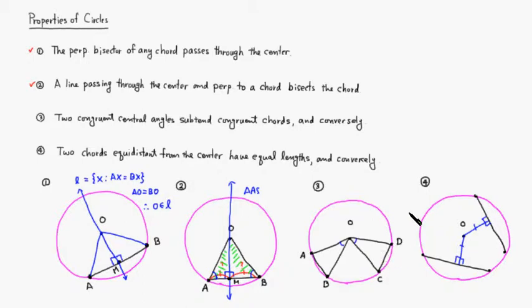We can easily establish the congruence between these two triangles, because OA, OB, OC, OD are all radii, so they're the same length. So you can do side, angle, side to do this implication.